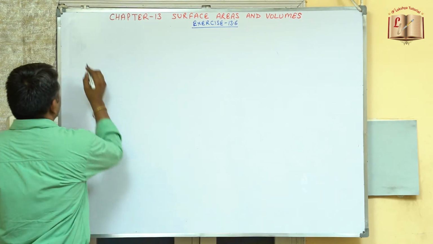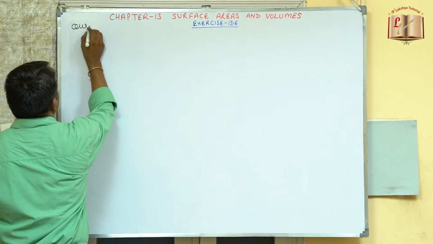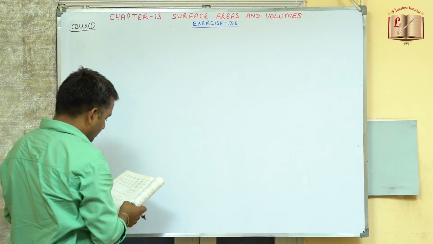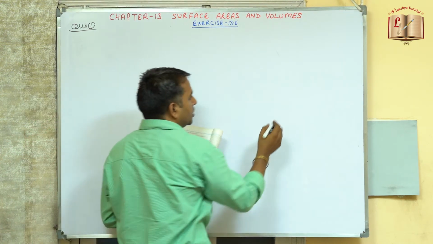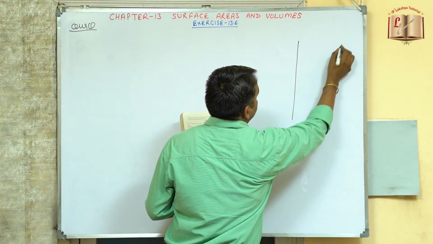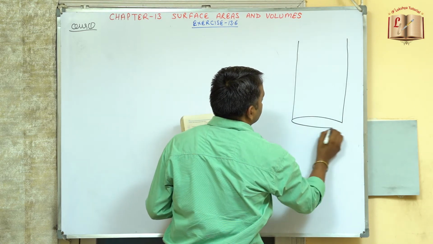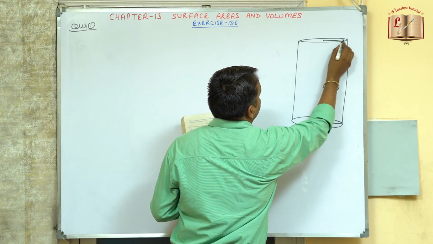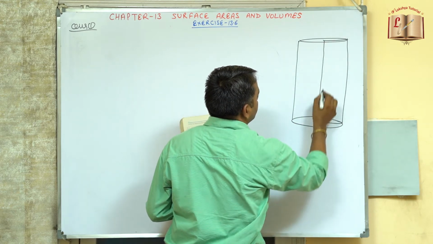So now coming to question number 1. The circumference of the base of the cylindrical vessel is 132 centimeter. Suppose this is a cylindrical vessel and this is the base of this, and this is the height.